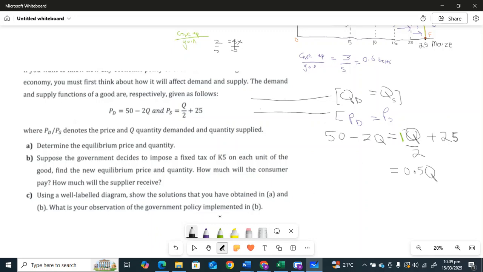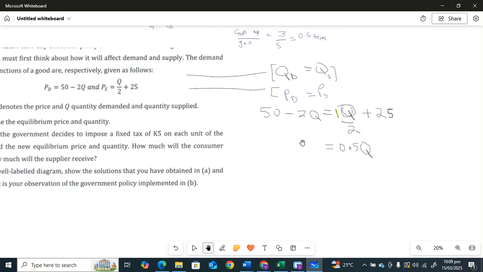So we group like terms together. This negative 2Q is going over the equal sign. It becomes positive plus 2Q. As I said, Q over 2 is the same as 1Q divided by 2.